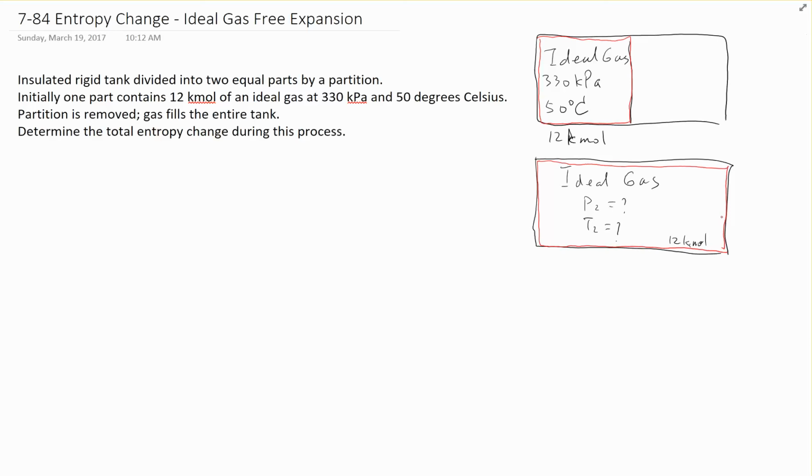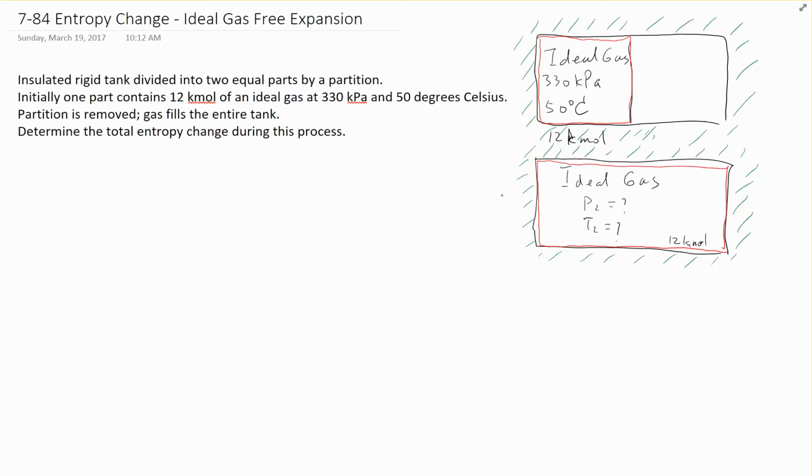But there's a free expansion of the ideal gas in this process, and we know free expansion is one of the irreversible processes. We also know this rigid tank is well insulated, so there's no heat transfer in this process. So this closed system undergoes an adiabatic free expansion process, and its volume increases by a factor of 2.